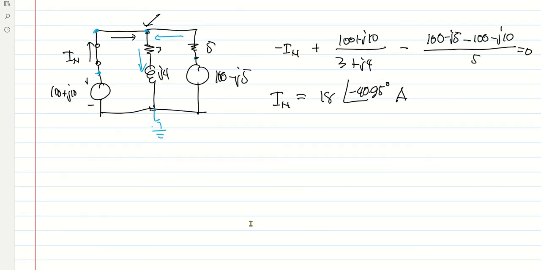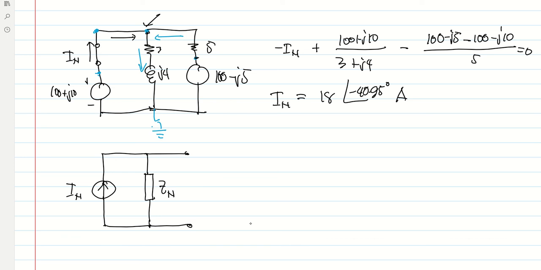Then for the Norton's equivalent circuit, this will be a current source, which is our IN, and it should be in parallel with the impedance ZN, or the looking back impedance, and this will be our load here. So our load is just a negative J4, a capacitor, and you want to calculate this current, and this current is I1.